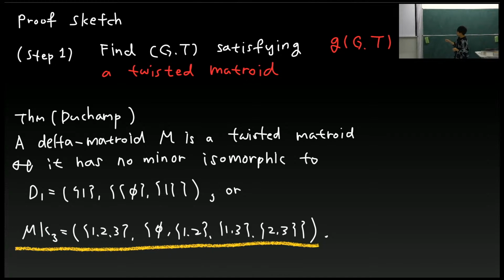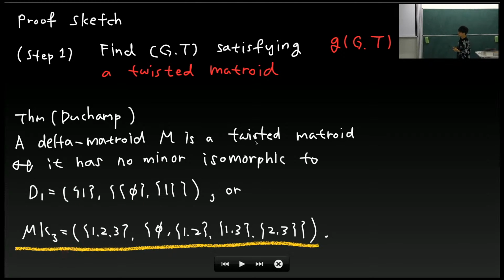However, we don't have to consider D1 because it is a forbidden minor for the class of even delta-matroids. An even delta-matroid is a delta-matroid whose feasible sets all have the same parity. And Sang-il also proved that a graphic delta-matroid is already even. So this minor is already forbidden, and we only need to care about MK3.